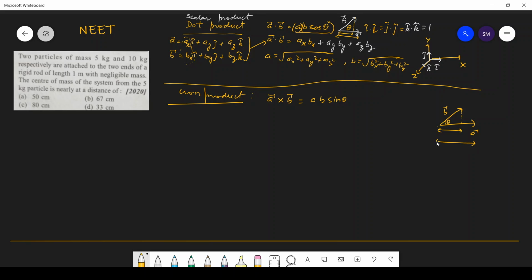This length is a, this length is b cos theta, and this length is b sine theta. So we multiply a with this perpendicular component, b sine theta. That's the magnitude.